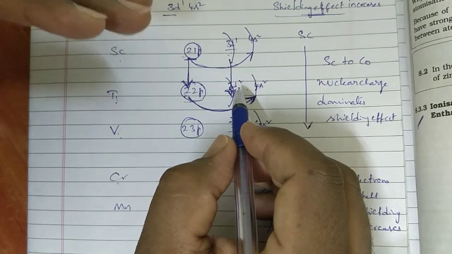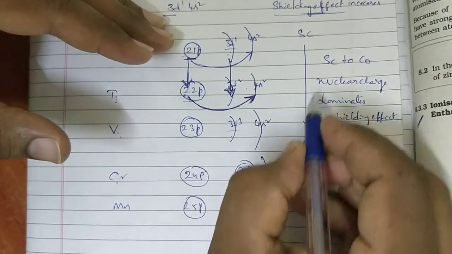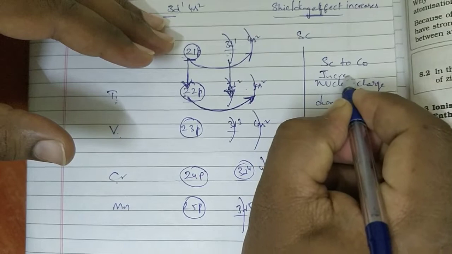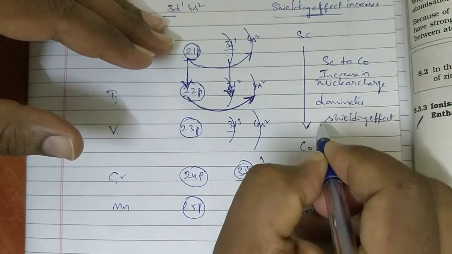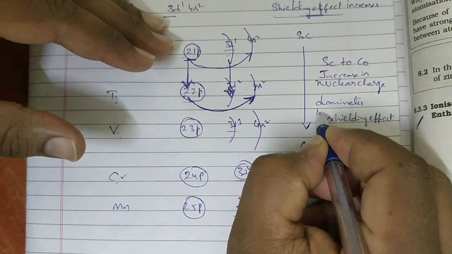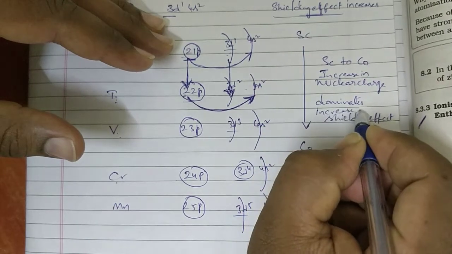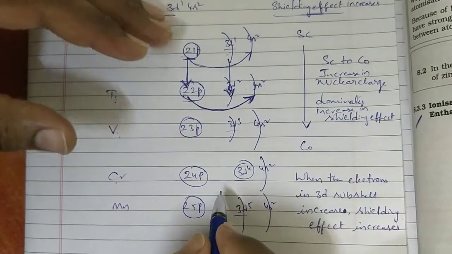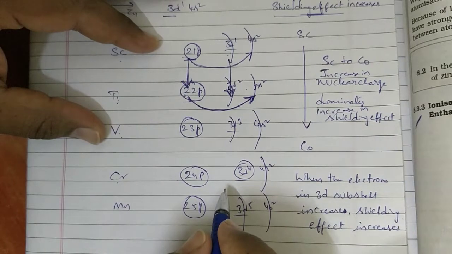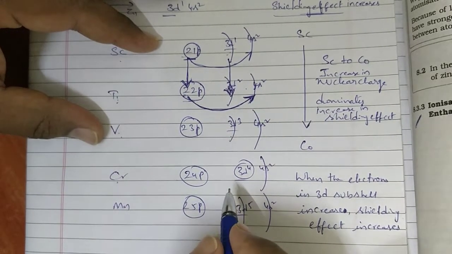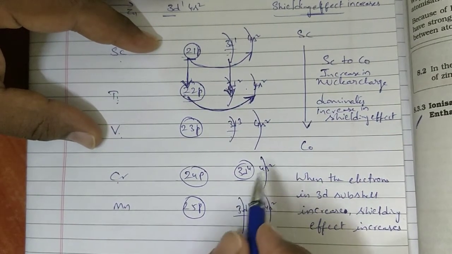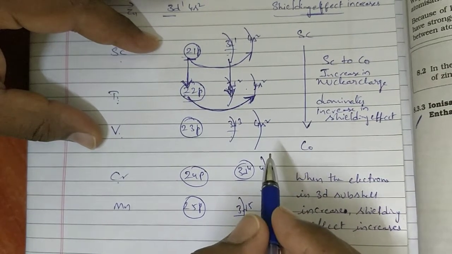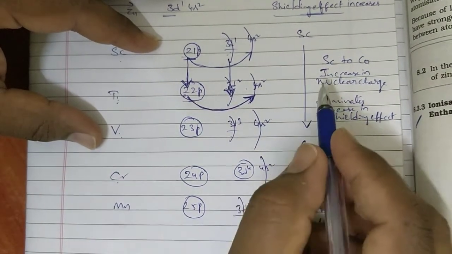Because increase in nuclear charge dominates increase in shielding effect, okay?